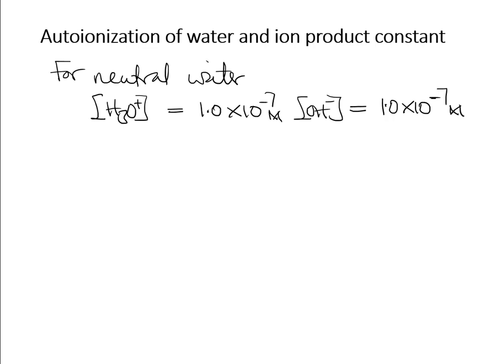Now, usually when you're reporting this, sometimes you don't want to use this number because it's cumbersome. So to avoid that, what people did was to report this concentration in terms of logarithms.